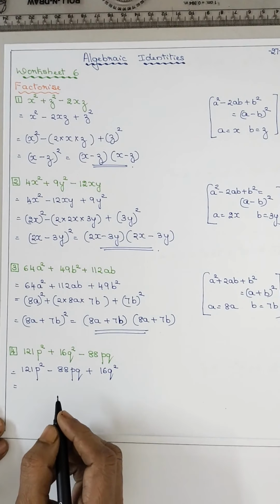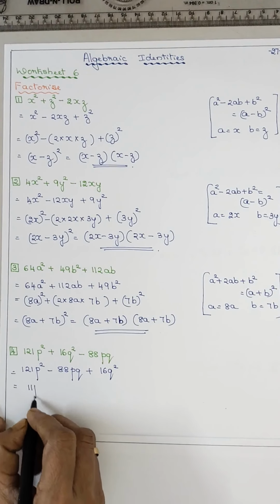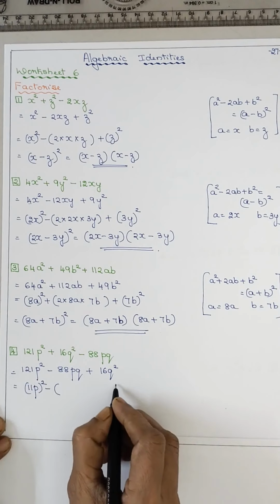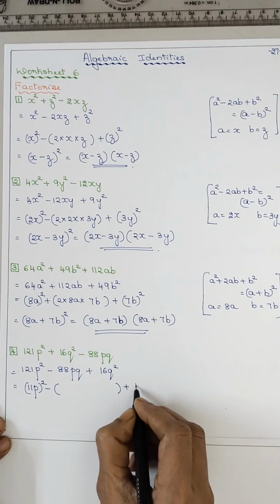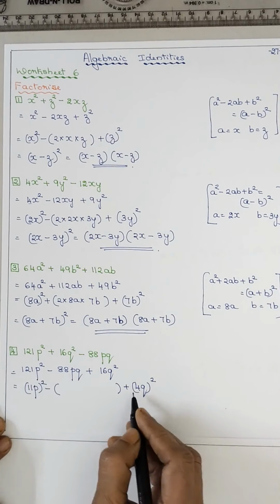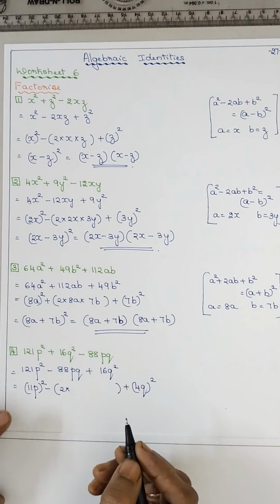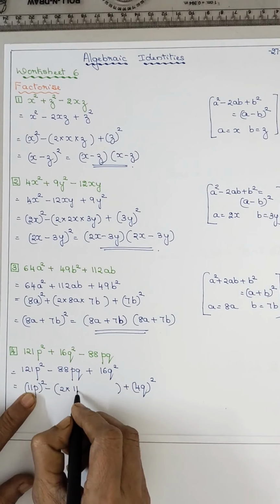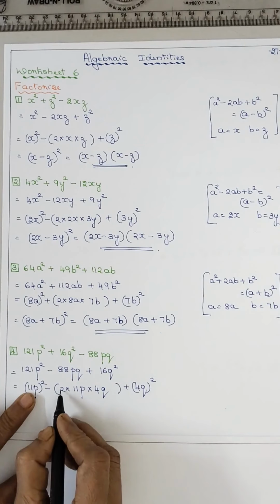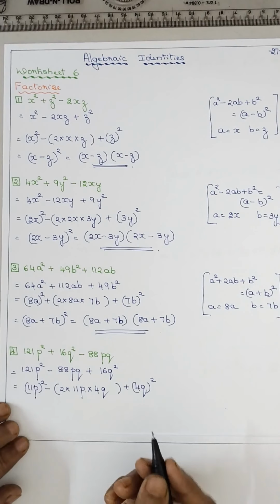Now in the square form you have to write 121 as 11p the whole square minus, now this one will be 4q the whole square. 11 squared is 121, 4 squared is 16. Now check 2ab. a is 11p, b is 4q. 2 fours are 8, 11 eights are 88pq.